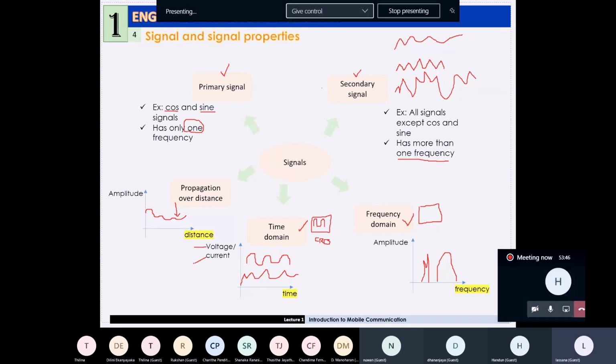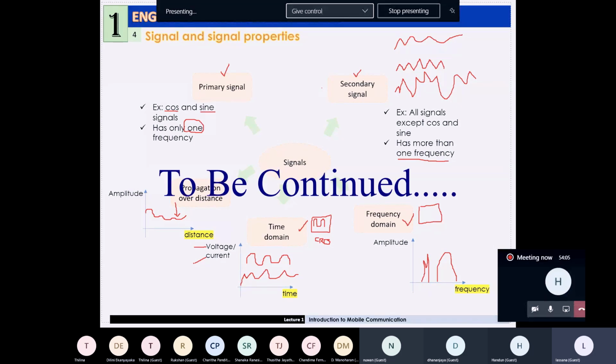Today is the first day, and we need to go through the entire syllabus during the next couple of months, so that you may be able to understand what time domain really means and what frequency domain really means, because those two are very important concepts, especially in communication. Of course, mobile communication is part of communication.